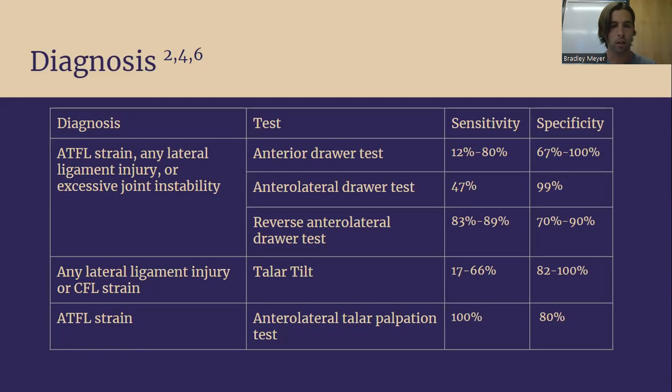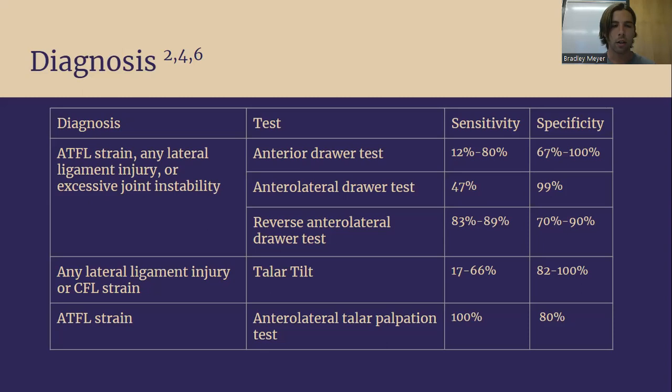The talar tilt test, which is geared more towards the calcaneofibular ligament, and the anterolateral talar palpation, again for an ATFL strain. And then the sensitivities and specificities are listed there.